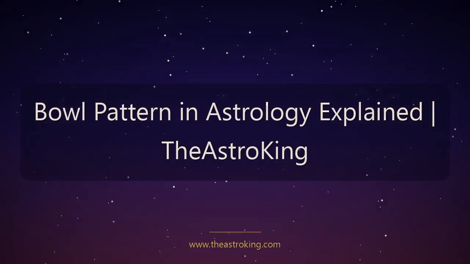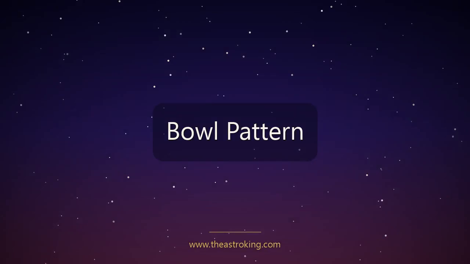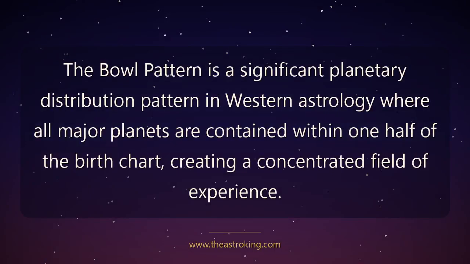TheAstroKing. Bowl pattern. The bowl pattern is a significant planetary distribution pattern in Western astrology where all major planets are contained within one half of the birth chart, creating a concentrated field of experience.